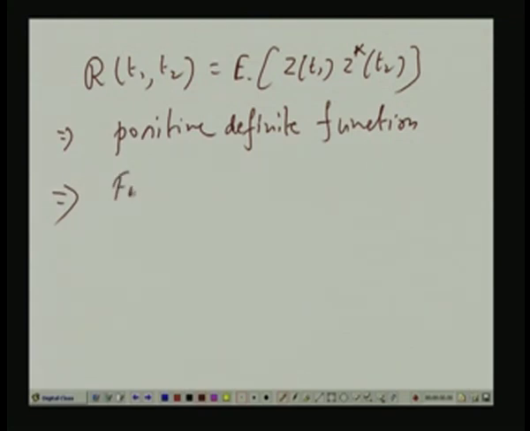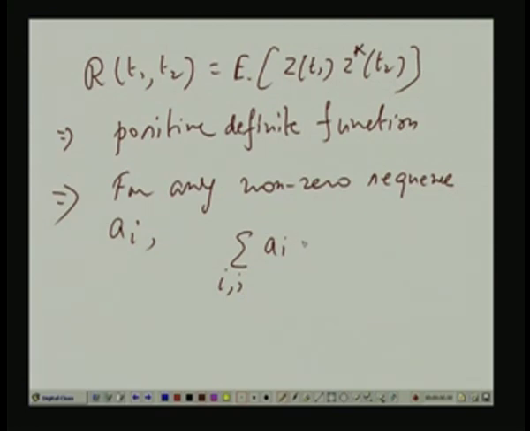This implies that for any non-zero sequence a_i, where i can be 0, 1, whatever you have, this is always satisfied: the summation over i, j of a_i R(t_i, t_j) a_j star is real and greater than or equal to 0.